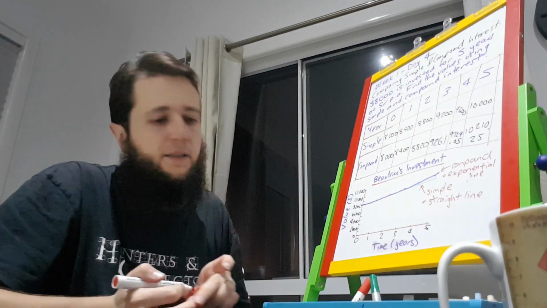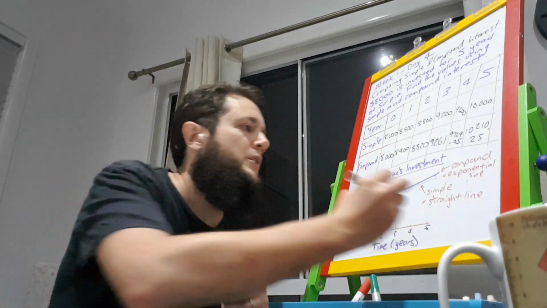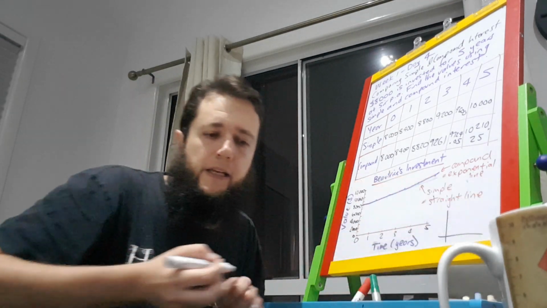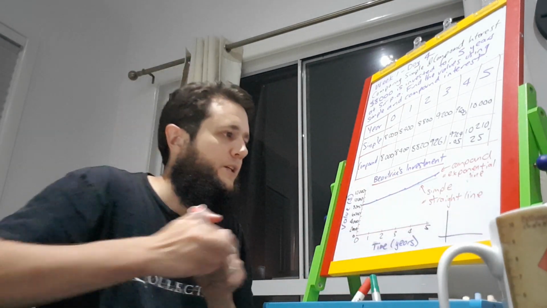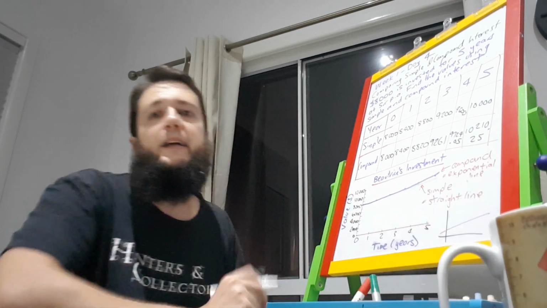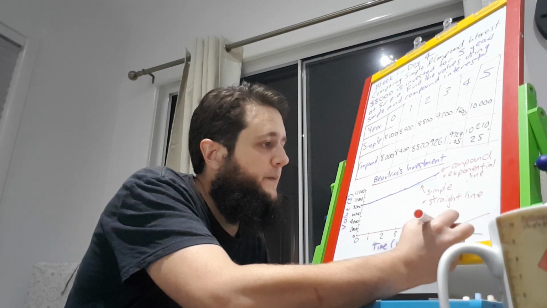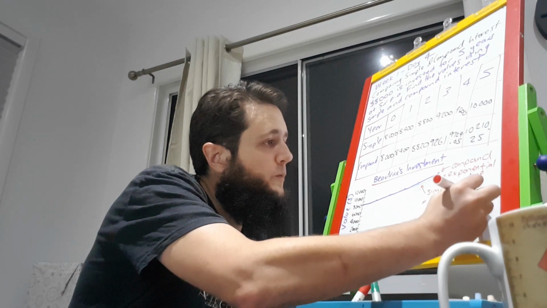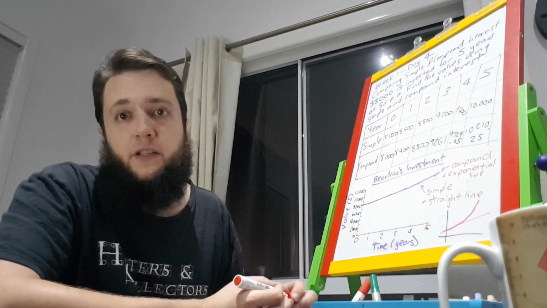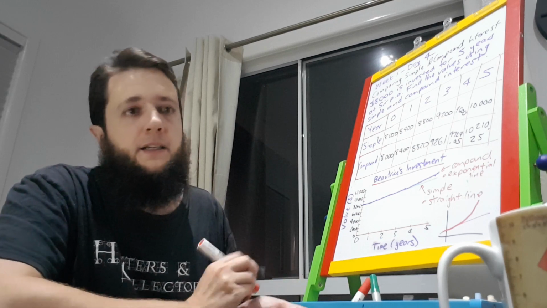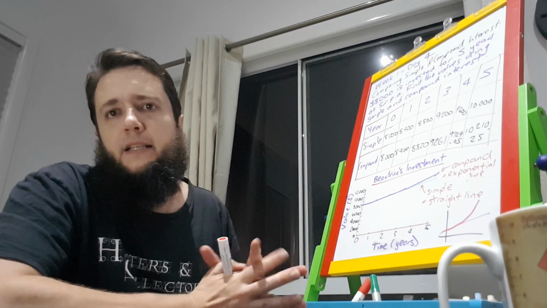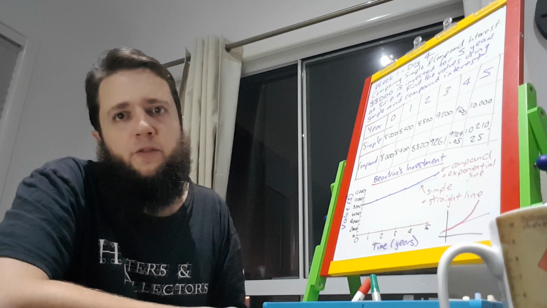If you were to look at this on a really long time scale, what you would find is the simple interest would keep going straight, right, a completely straight line, but the compound would go like that and eventually be quite crazy. It's an introduction to the idea of exponential functions.